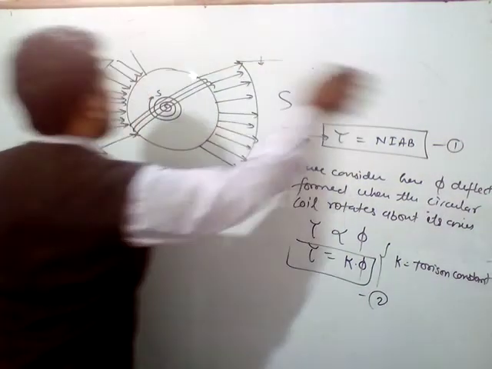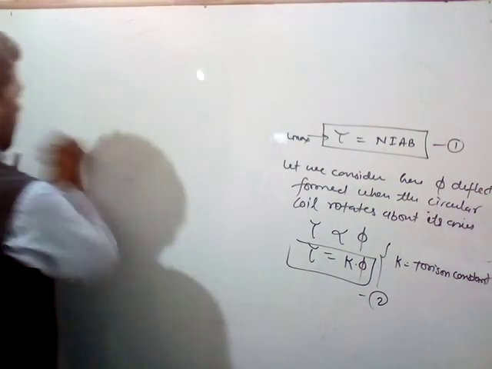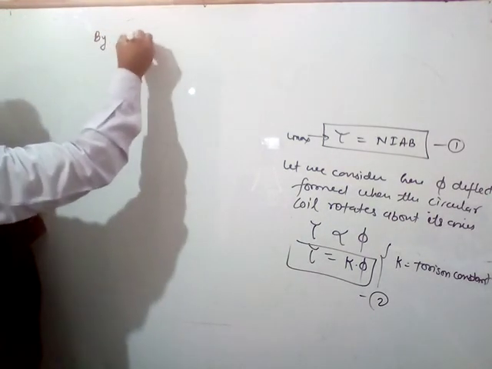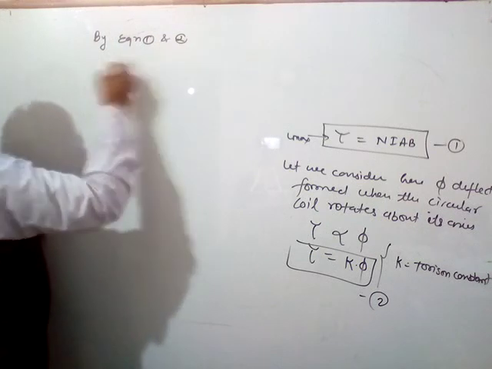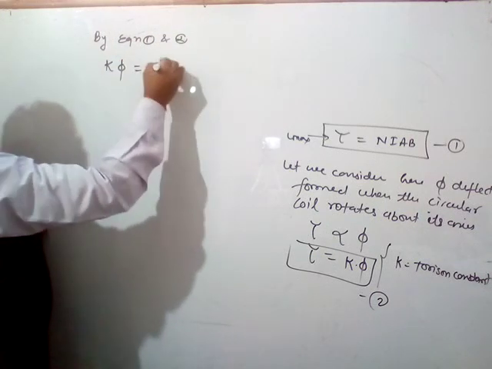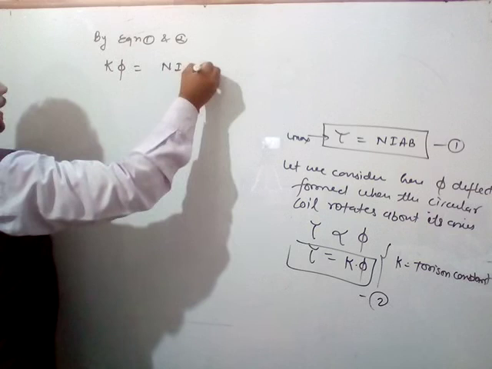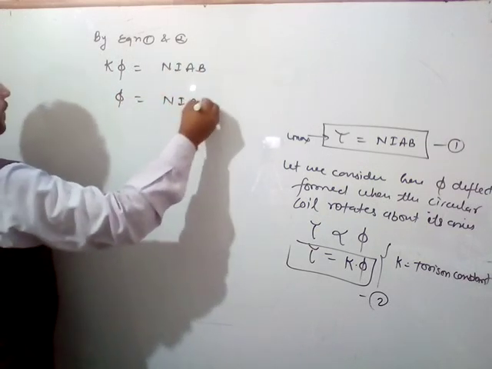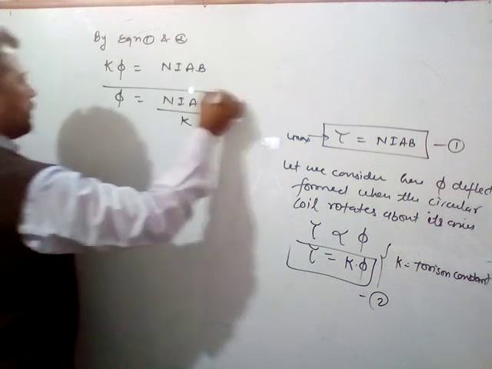By equations first and second, k phi equals NIAB, so phi equals NIAB upon k.